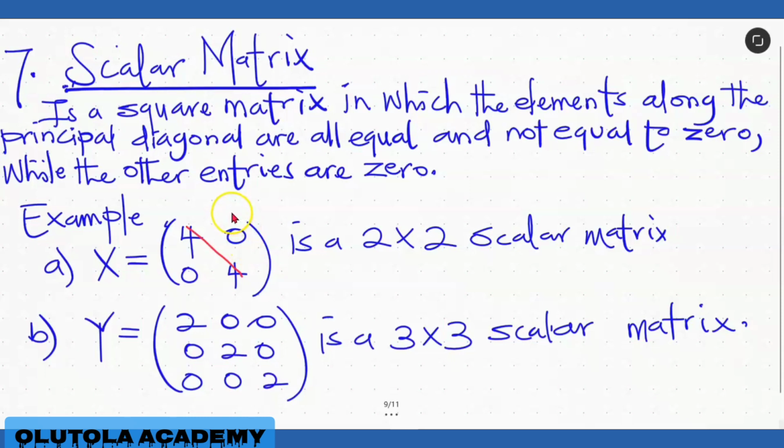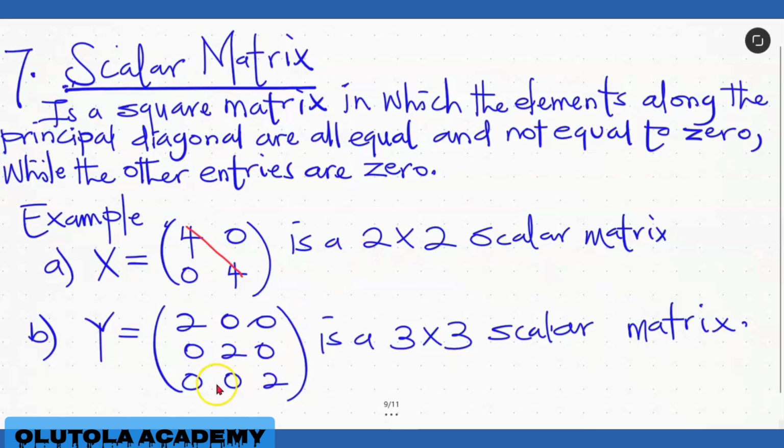The elements in the principal diagonal are all equal, and every other entry is 0, as in this 0 here and 0 here. So we can see this is a 2 by 2 scalar matrix.